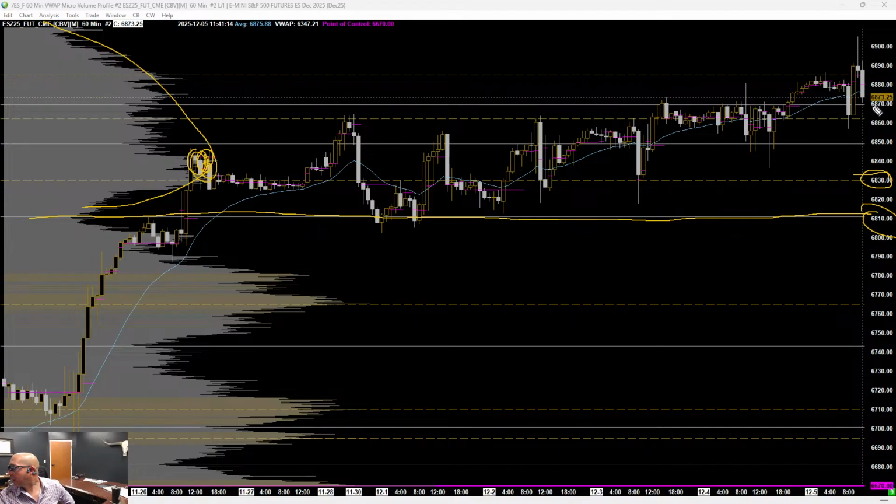You've got an LVN at 68.70. It's not the cleanest LVN. That coincides with static value area high. Static value area high is 68.68. So that 68.68 static value area high coincides with the 68.70.